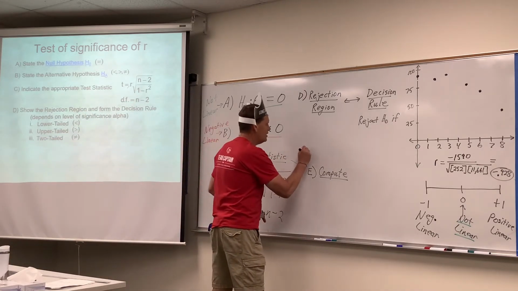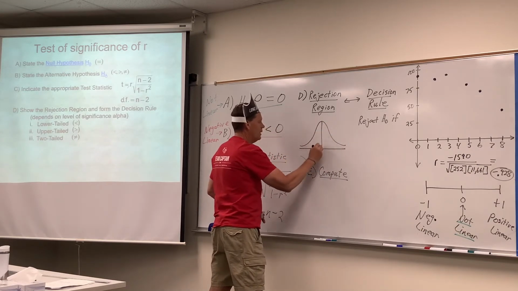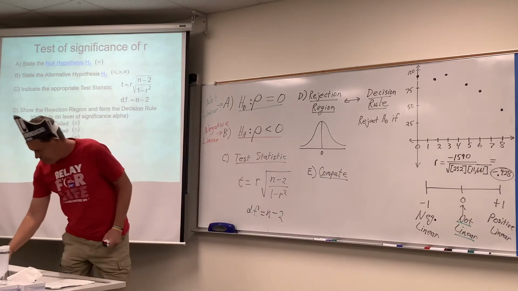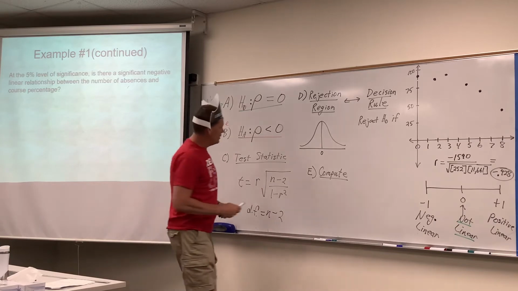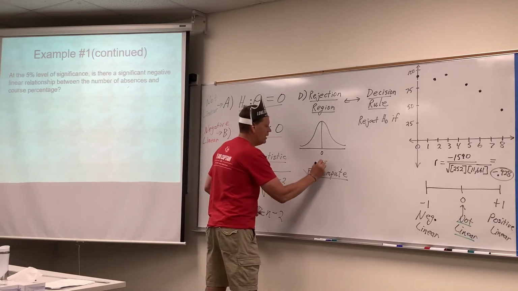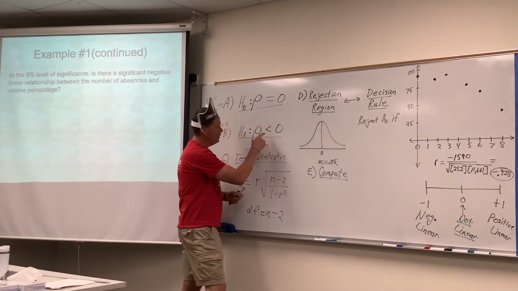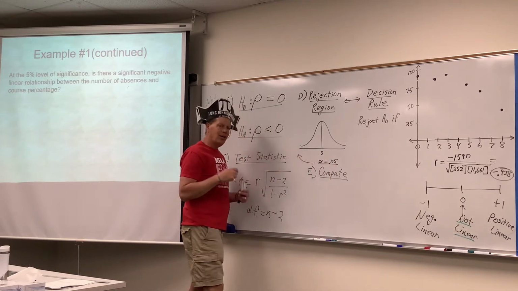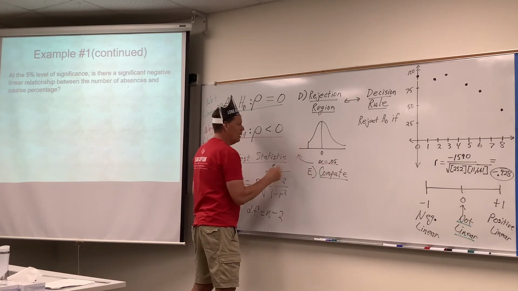So we've got our T table here, our T curve. And they want us to use, back to the question, 5% significance. So alpha will equal 0.05. And because of the less than, which all goes back to the question of, is there a negative linear relationship? Right, negative on the lower side.